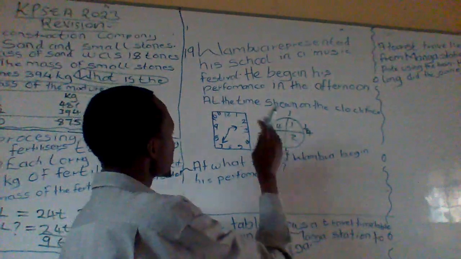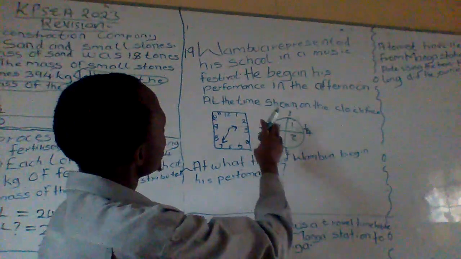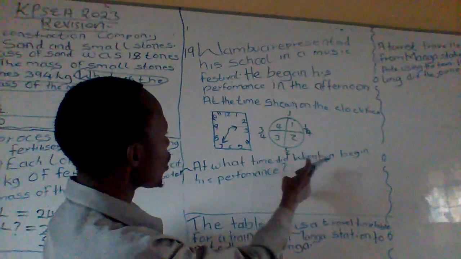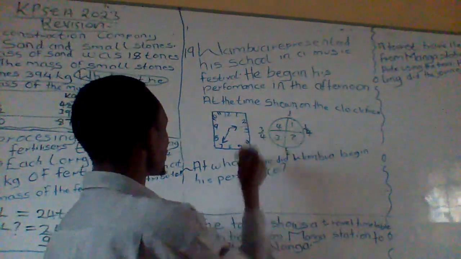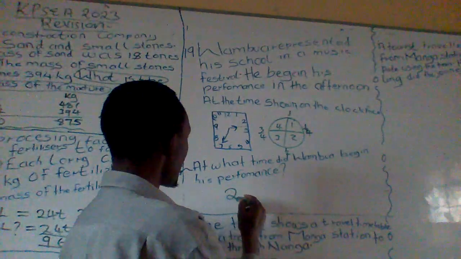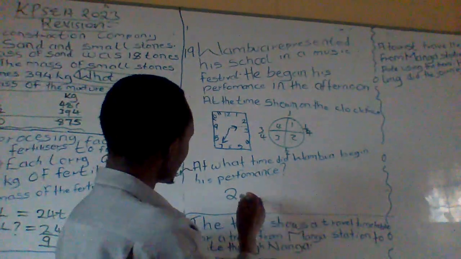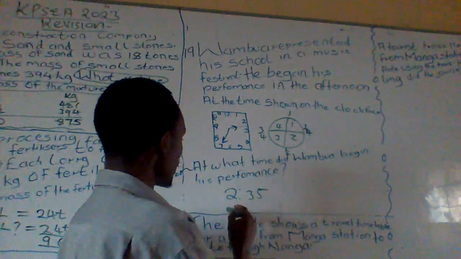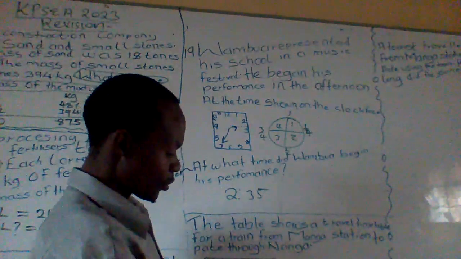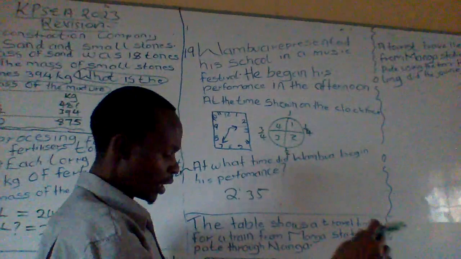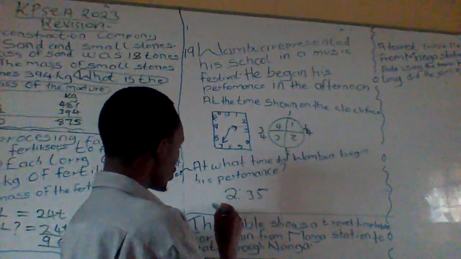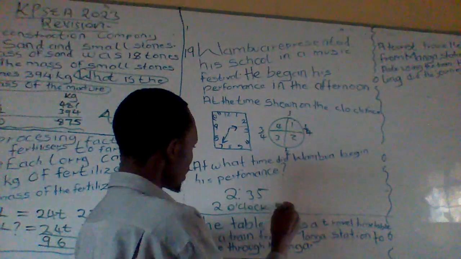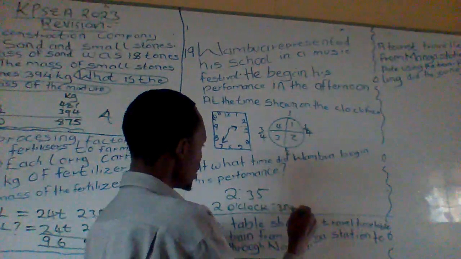So in this case, they are asking about the time shown on the clock. At what time did Wambua begin his performance? So we will write 2, and then we write 35. So it will be 2 o'clock, that 5 minutes.